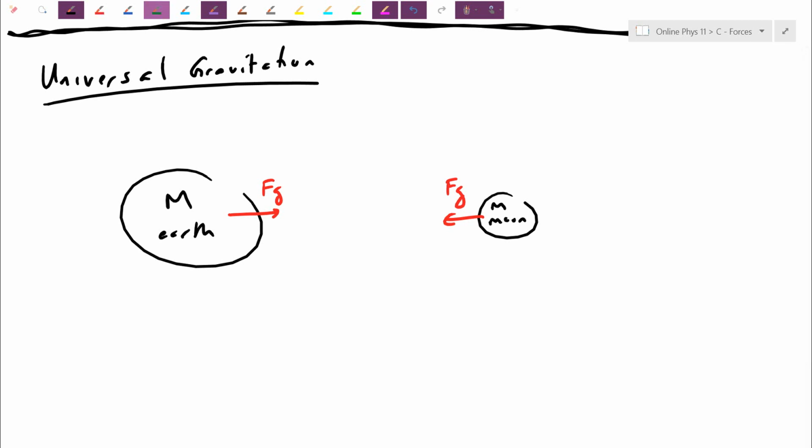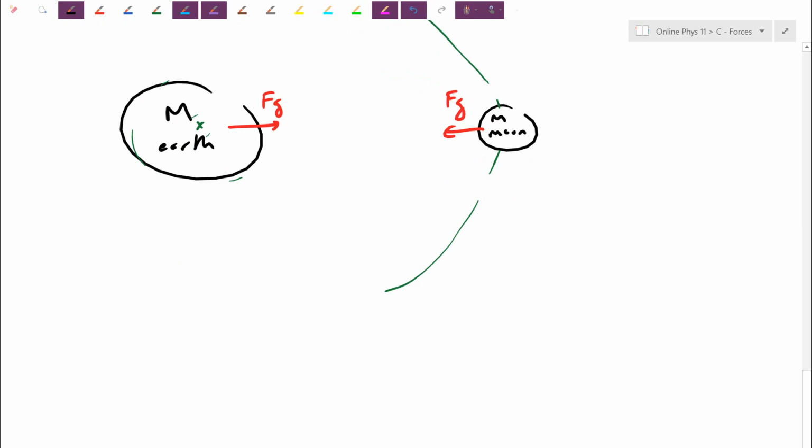Even though they do have a center mass point that they both rotate around, we pretty much only see the moon, which has a smaller mass, in orbit around the Earth. So I'm just going to make a little note here from Newton's third law.